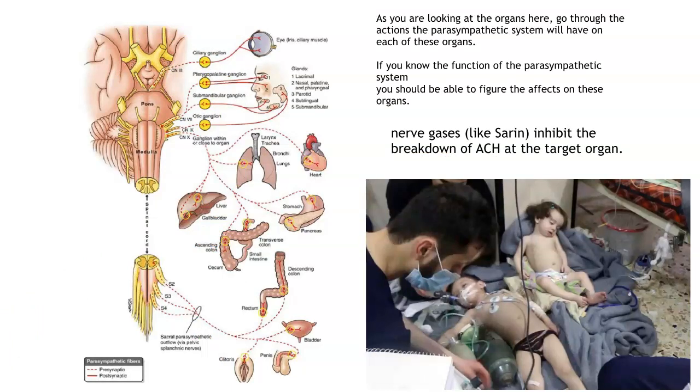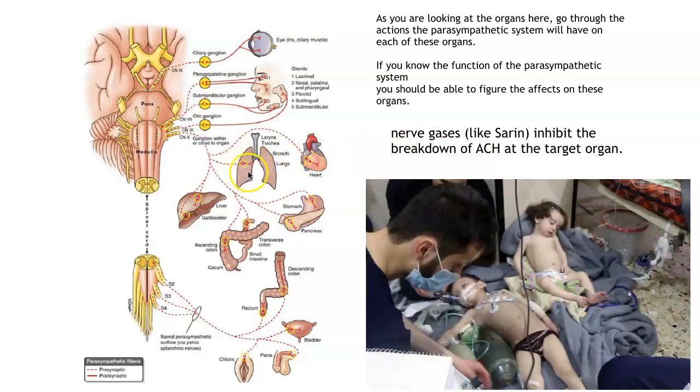Now, I just want to bring this up too. I want to let you know what nerve gases like sarin do. Nerve gases are inhibiting the breakdown of acetylcholine at the target organ. So acetylcholine, normally it's short-acting.